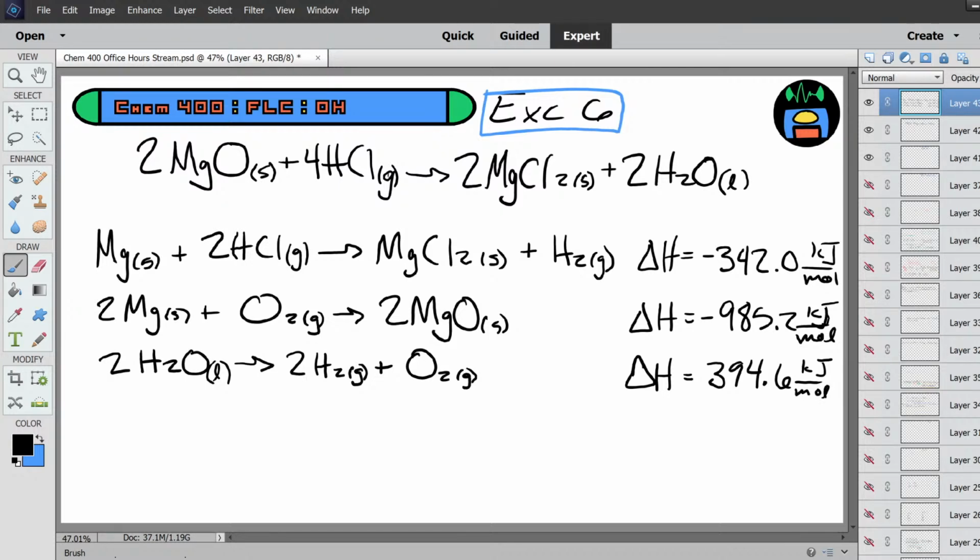All right, now to solve this problem, we are going to need to manipulate these chemical equations. So the goal is we're going to manipulate these either by multiplying them or by flipping them, and then at the end we're going to add them all together.